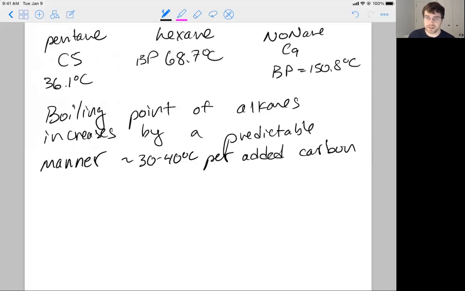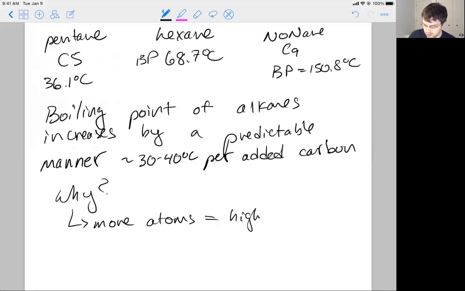Now, why is this? That's a really good question. And in general, when you have more atoms, you have a higher boiling point. More atoms leads to a higher boiling point. And why is that? I mean, I guess that's just kind of restating what I just said.